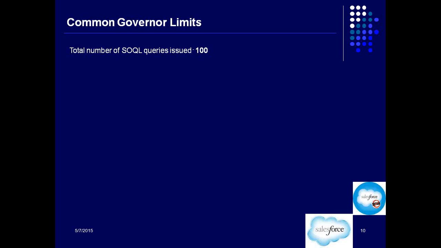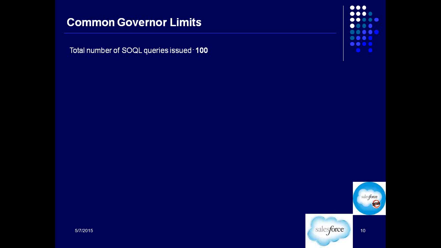So within one transaction, now we understand what's a transaction and we know what's a transaction boundary. So in a certain transaction boundary, which can be an Apex class method, which can be a trigger, total number of SOQL queries that can be issued is 100. You cannot have more than 100 SOQL queries inside one transaction.